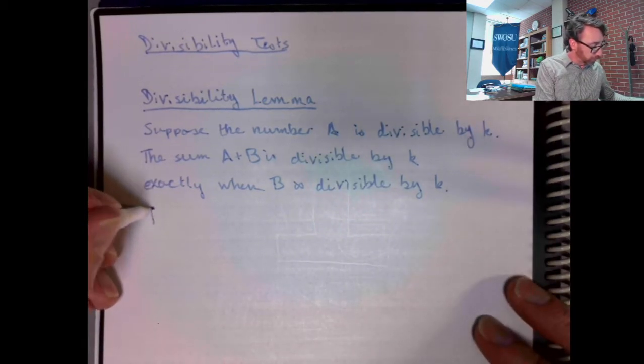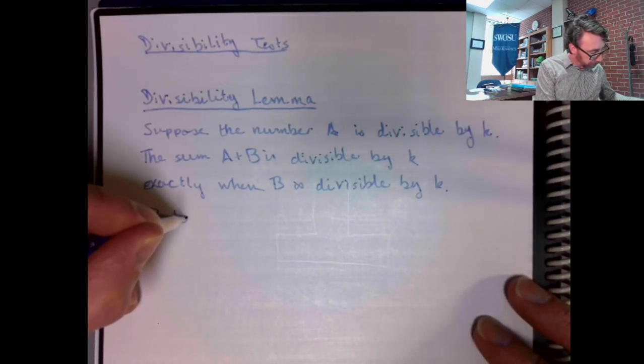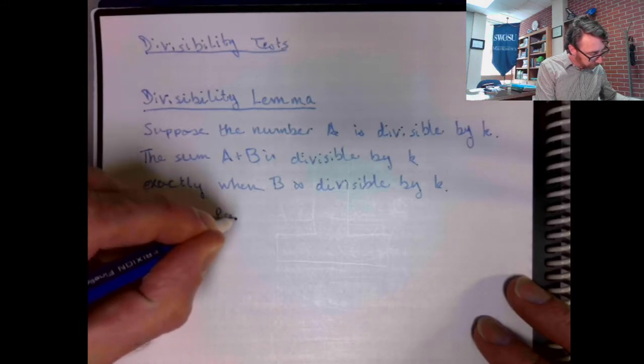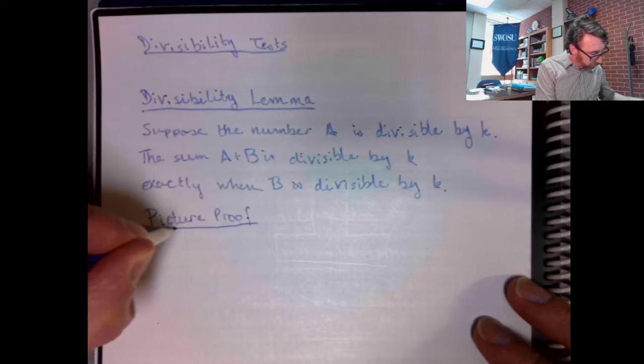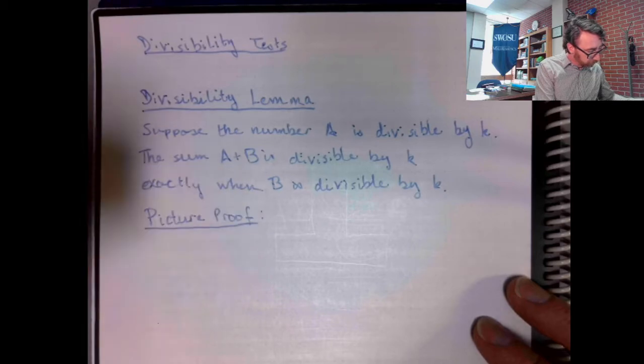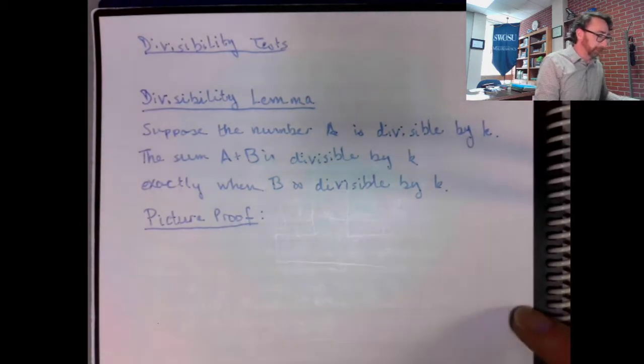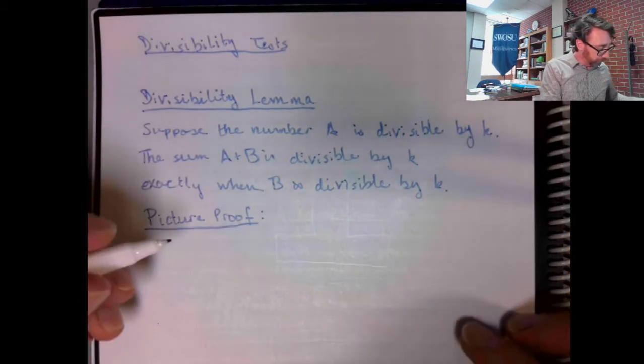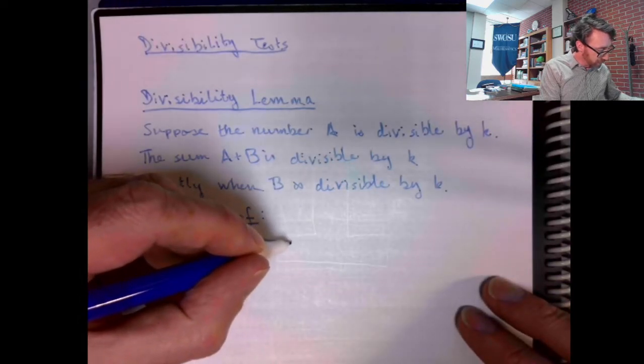So let's do a picture proof. The number a is divisible by k.